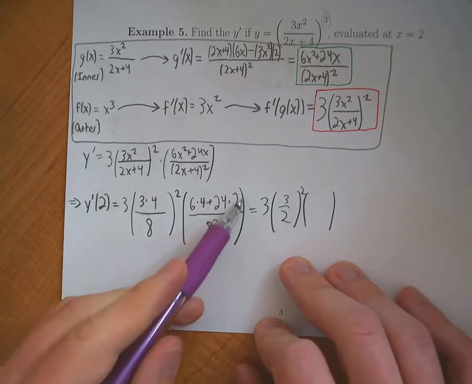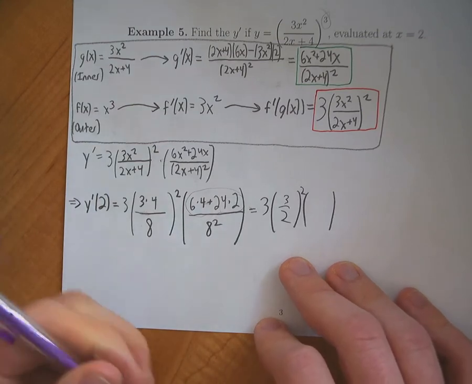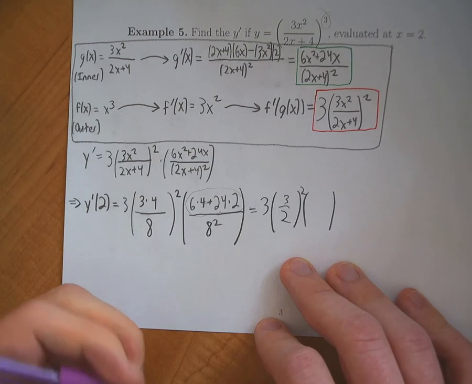And then what about the second one? Maybe it helps to simplify the numerator first and see what cancels out after that.